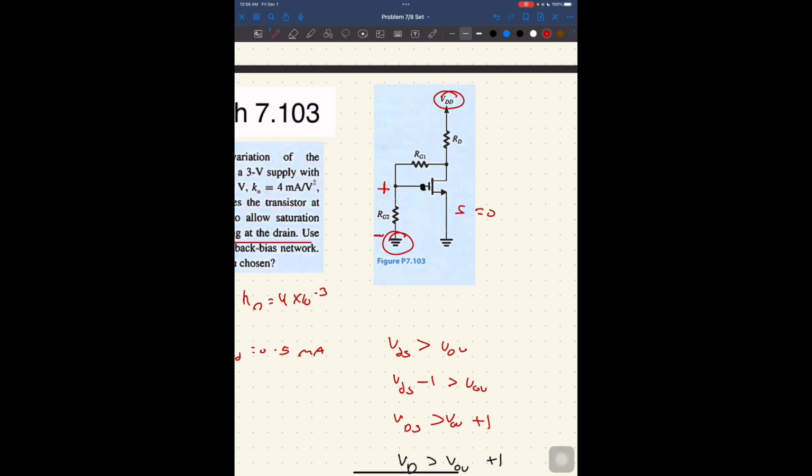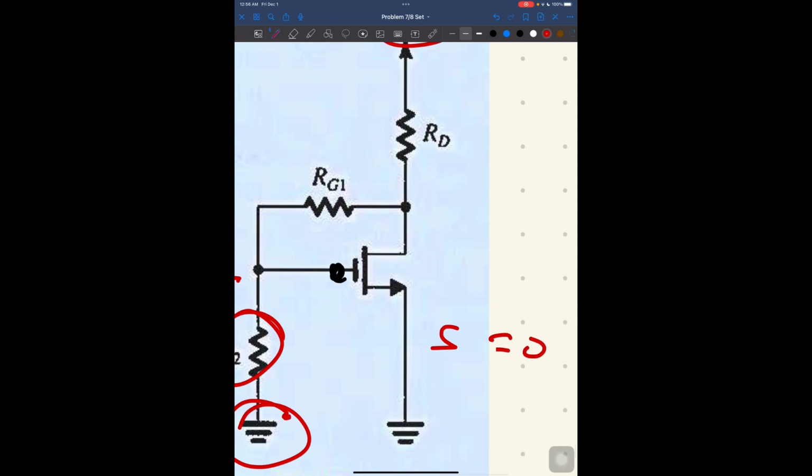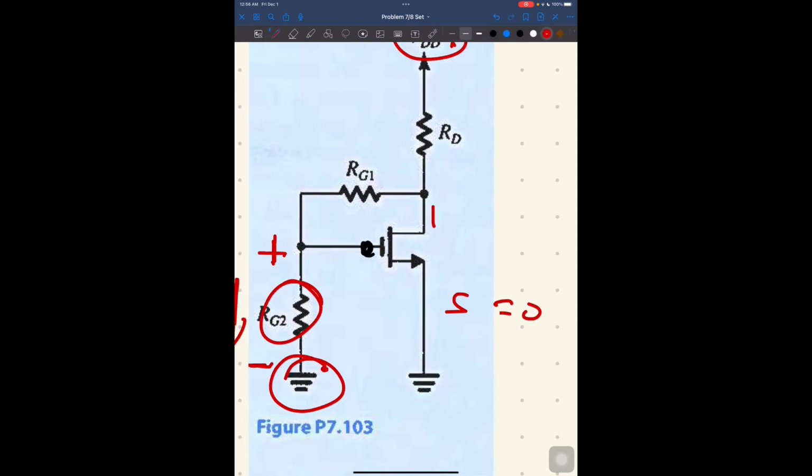I want the current here, I, times RG2. And that current is VDD minus 0 over RG plus RG1 plus RG2, given that the current is going to flow in this direction. And would that be correct to assume this? Can current go in this direction?